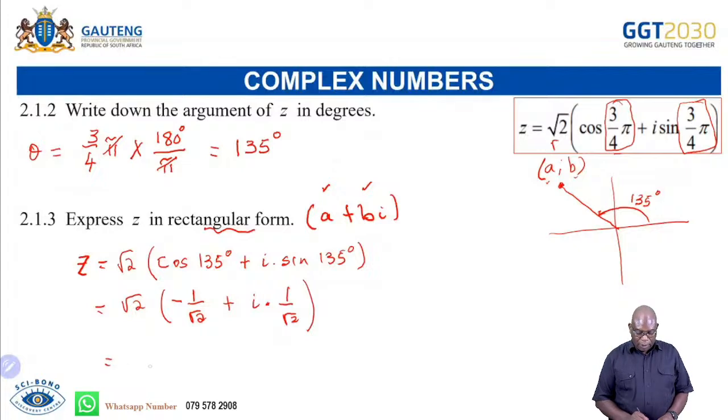Then from there, my answer will be, if I multiply square root of 2 by that, my answer is going to be negative 1. If I multiply square root of 2 by that, my answer is going to be positive 1, because there is a positive value. So it's positive 1, but there's an i. So I can write this one as negative 1 plus i.